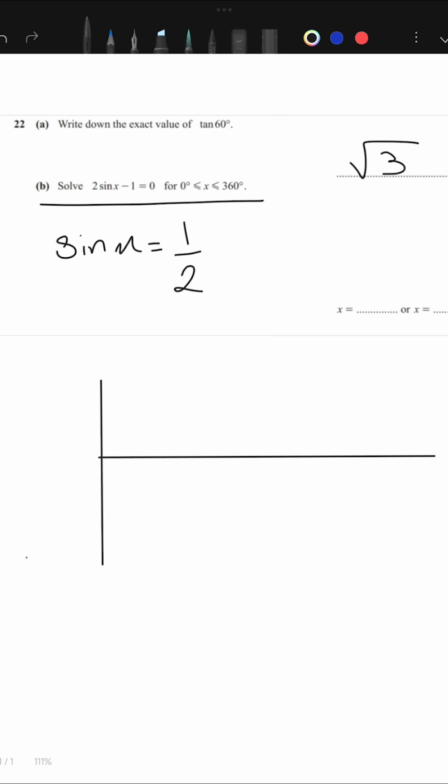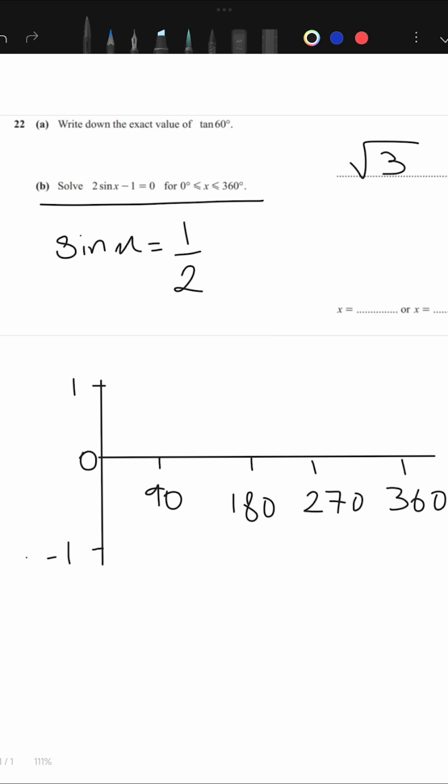Here we have 1 and here we have negative 1. This is 0. So first we're gonna have 90 degrees, then 180 degrees, then 270 degrees, and then 360 degrees.